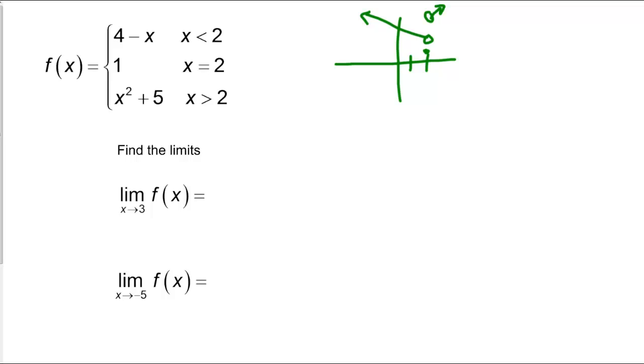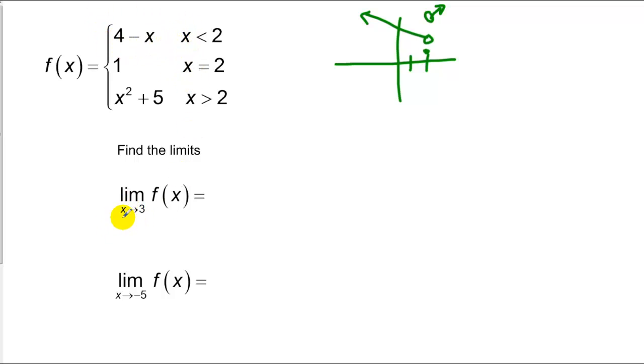So you'll see the graph's not continuous. However, look at where I'm trying to find my limits. Where this graph is discontinuous, in other words, where it breaks, is all at the point 2. At every other point, the portion of the graph is continuous. So within that region, those graphs are continuous.